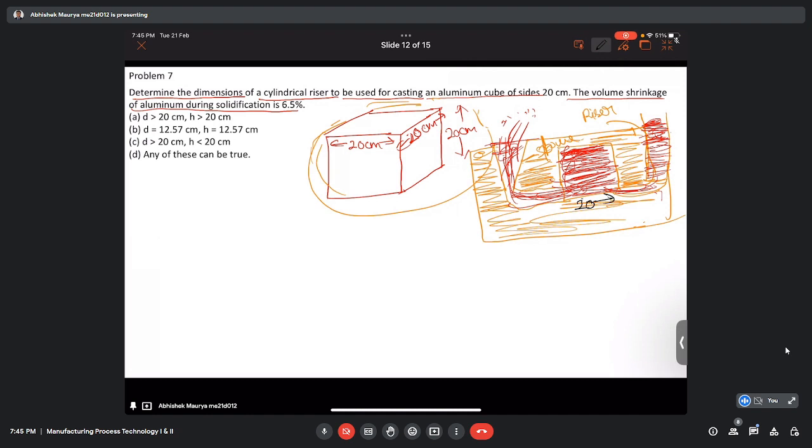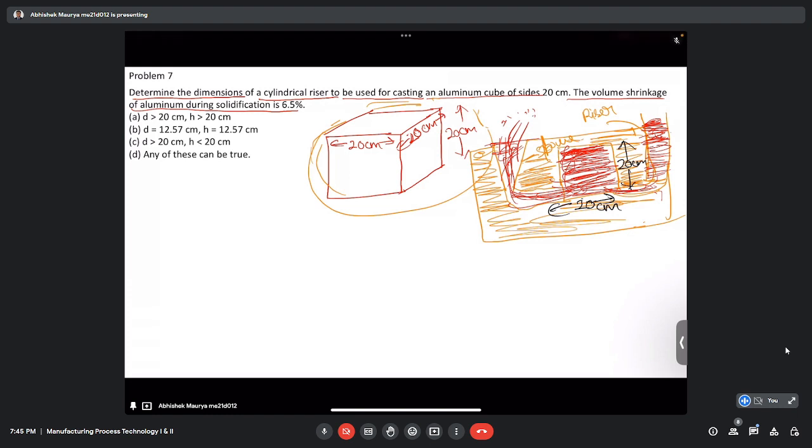So we have made a mold of 20 centimeter cross 20 centimeter cross 20 centimeter. When volume shrinkage takes place, our casting size will reduce, and molten metal from the riser should come here and compensate the shrinkage.